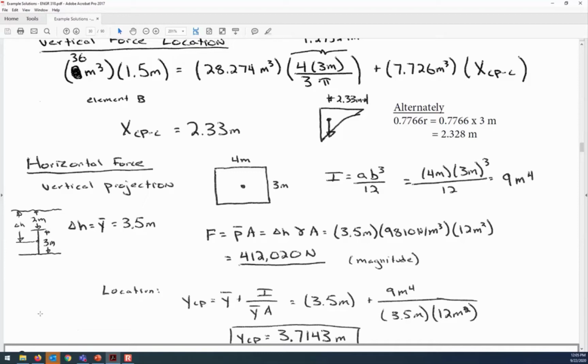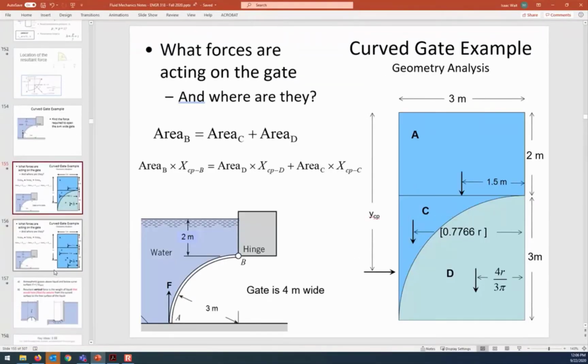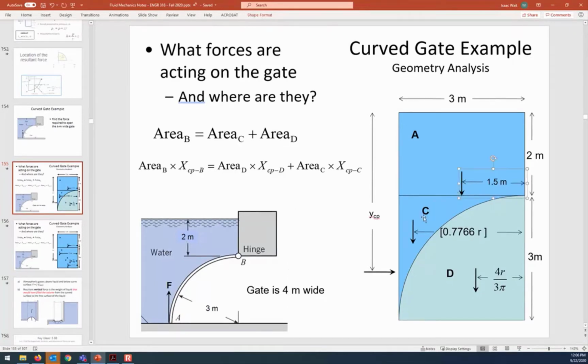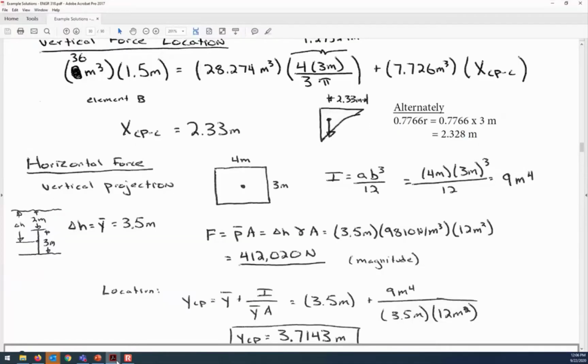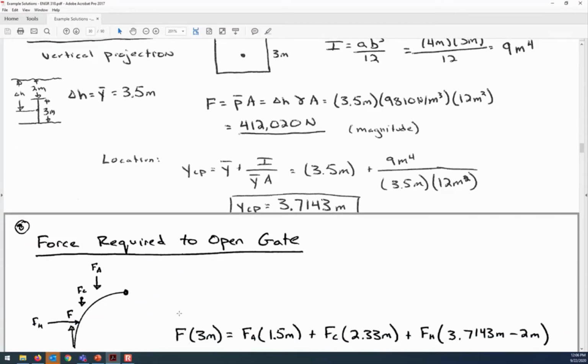Okay, now the overall question this example is asking is, what is the force on the gate? What force is required to open the gate? So we've calculated this force that's keeping it closed, this force that's keeping it closed, and now also the horizontal force is keeping it closed. But now we have to balance that all out with the force that's required to open it.